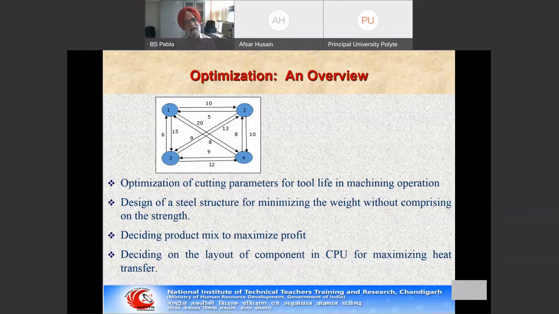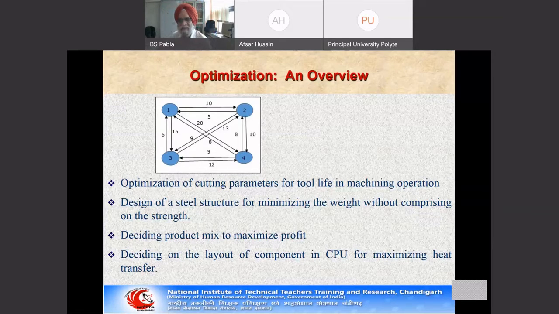So let's see. For example, I presume that many of you are mechanical engineers. We do optimization of cutting parameters. Let's say we are machining on a lathe. We have 3 cutting parameters: speed, feed, and depth of cut. And let's say we want to maximize the tool life.